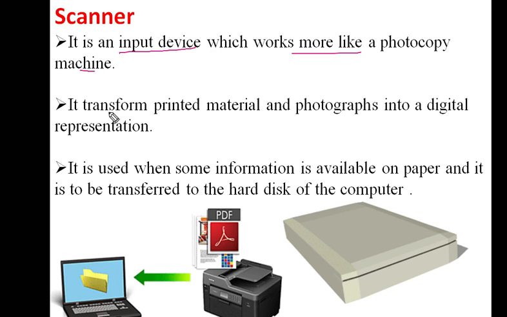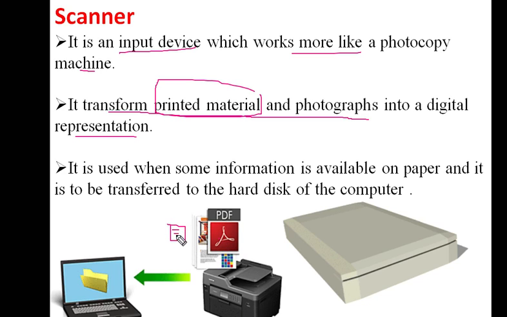It transforms printed material and photographs into digital representation. Printed material means any kind of data. For example, if you want to take a soft copy of this file, you can use a scanner.